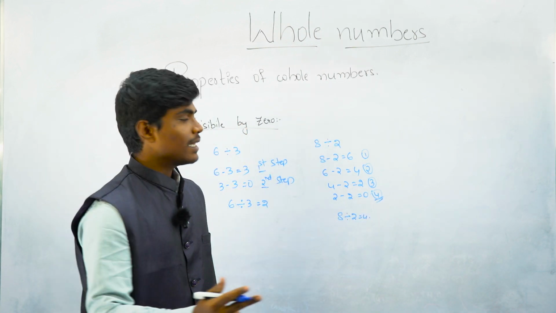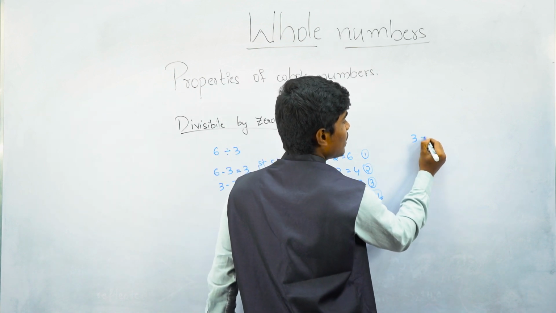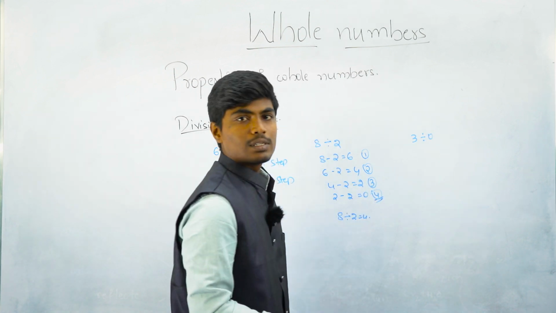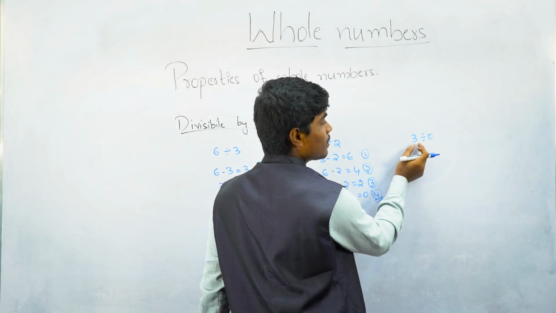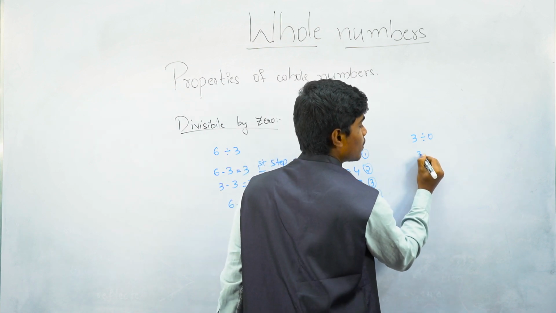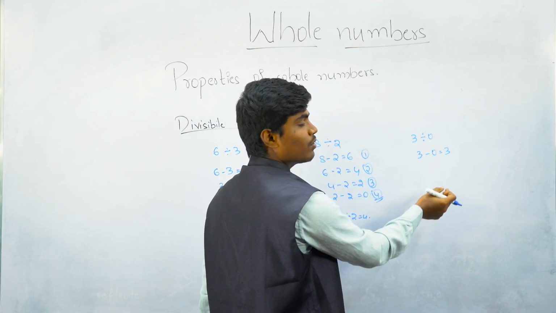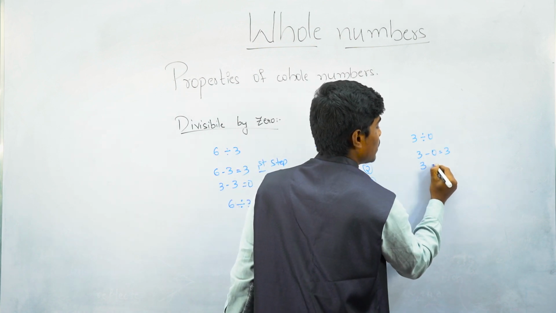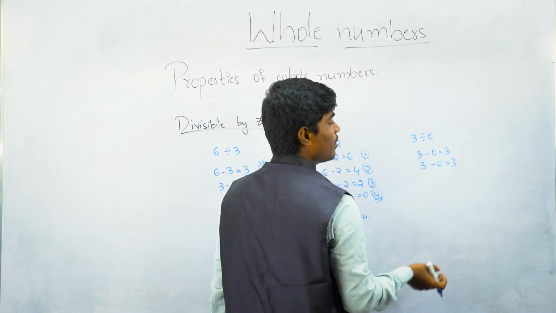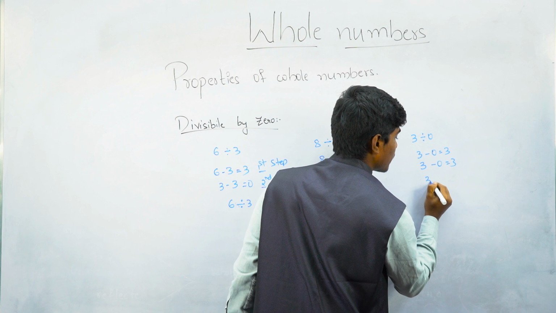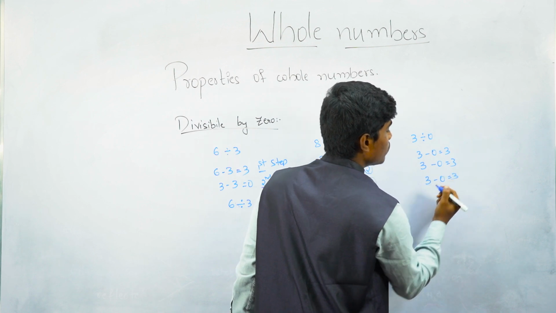In the same way, let's take 3 divided by 0. We have to subtract 0 from 3. 3 minus 0 is equal to 3. We subtract 0 from 3 again. 3 minus 0 is equal to 3. Again 3 minus 0 is equal to 3.